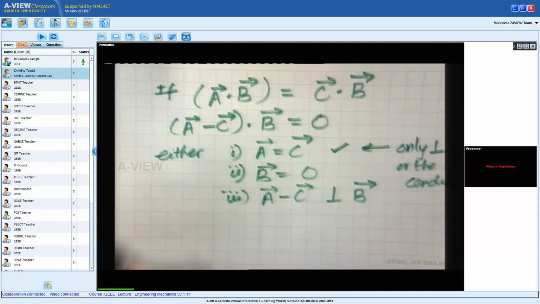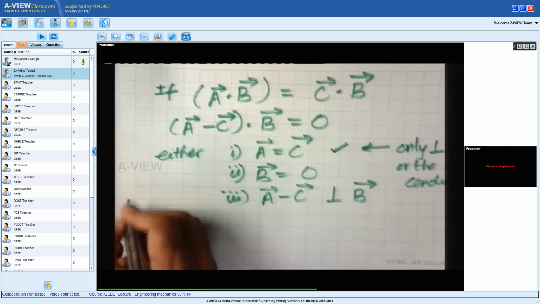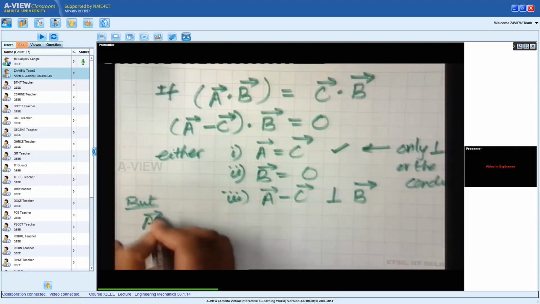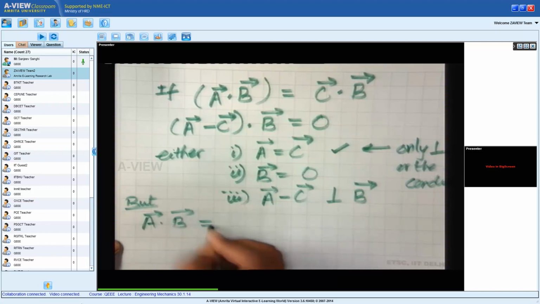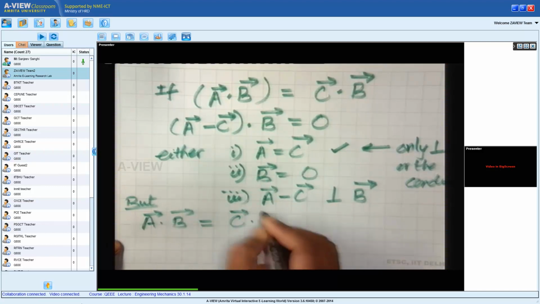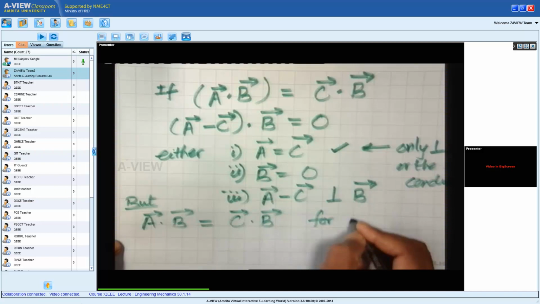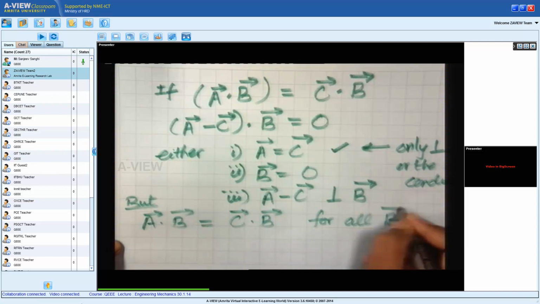But if I have A dot B equal to C dot B for all B, now you see I have changed the statement.